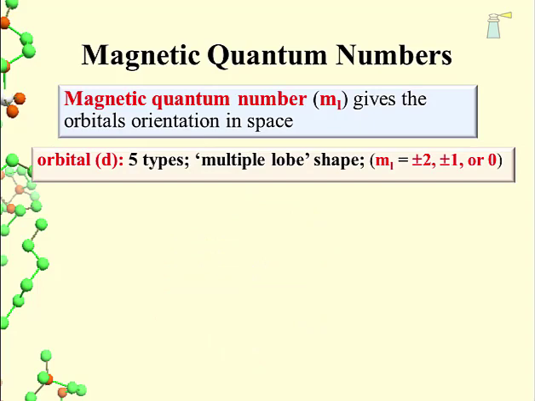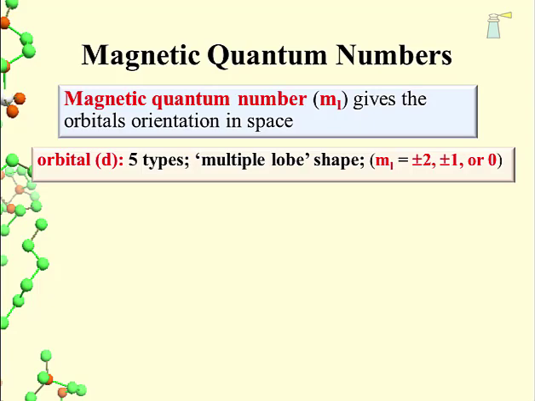We will give them a little look nevertheless. There are 5 types of d orbitals, and they have more unusual shapes. We will simply refer to them as having multiple lobes or multiple lobed. The 5 m sub l quantum numbers for d orbitals are plus or minus 2, plus or minus 1, and 0.